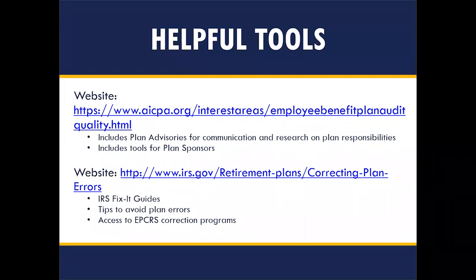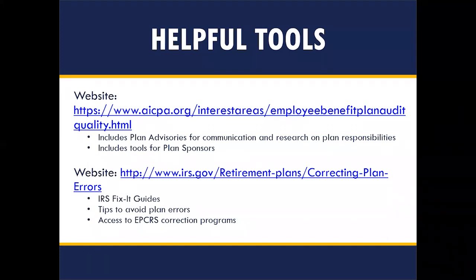And last but not least, I just wanted to provide this group with some other helpful tools. If you have other questions or are looking for other resources, on the AICPA's website there is an interest area for employee benefit plan audits and audit quality, with plan advisory communication information and tools for plan sponsors. Also, on the IRS's website, they have a specific section for retirement plans and a specific section for correcting plan errors.